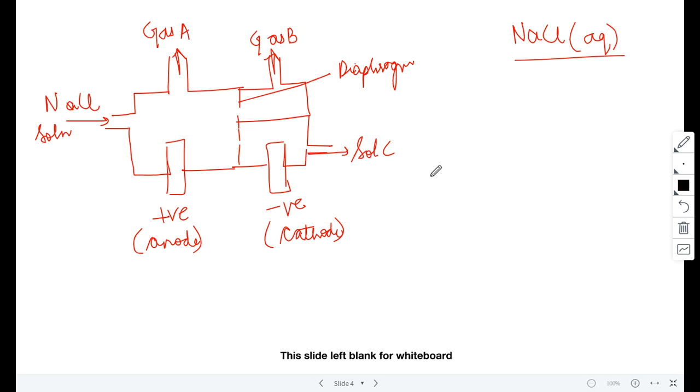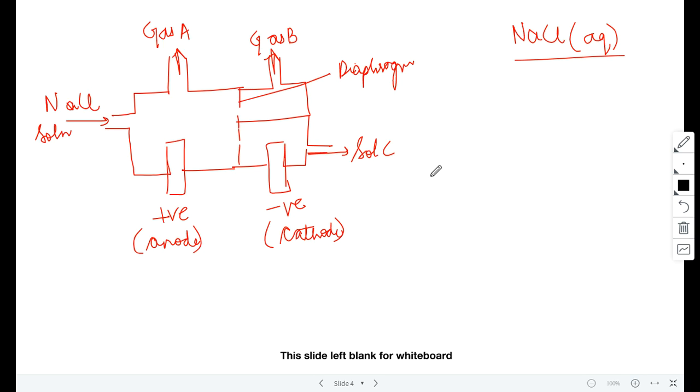So basically, you can explain the process. When the electric current is passed through the ionic substance like NaCl, what happens?